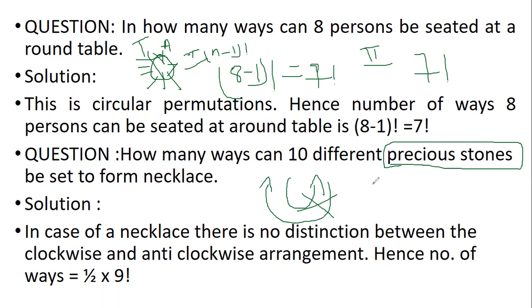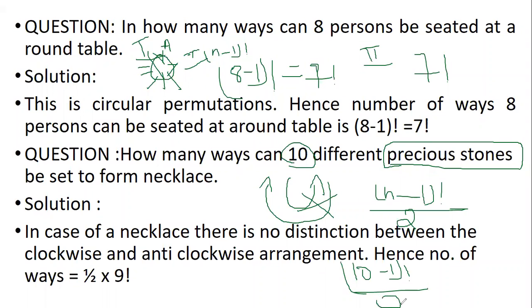No matter how you arrange them, it will end up with the same arrangement. So in that case, what was our formula? N minus 1 factorial divided by 2. Now what is n here? N is 10. So 10 minus 1 factorial divided by 2. So 10 minus 1 is 9 factorial divided by 2.